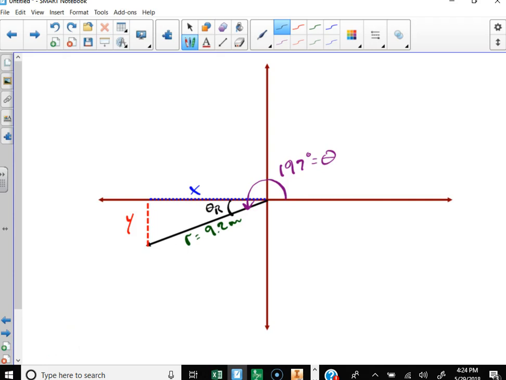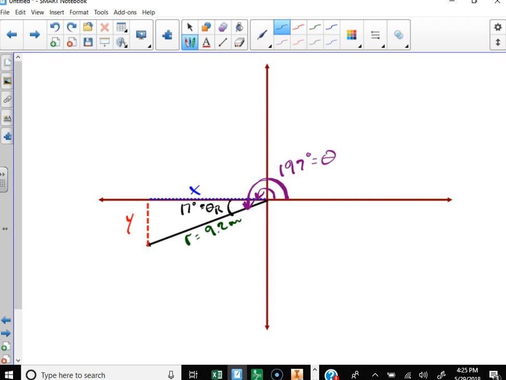Let's start with that reference angle. So if I know it's 197 from here to there, well, I know it's 180 from here to here, so I'm going to take 197 minus 180. And that's going to give me a 17-degree reference angle. So this is 17 degrees.